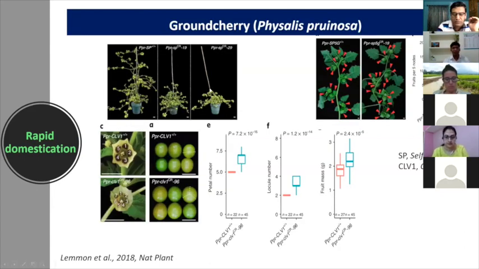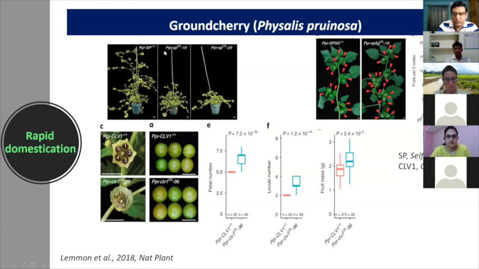This is a classical example of ground cherry. This is the wild type ground cherry, which has a bushy nature and takes a lot of space to grow. One of the domestication characteristics is to develop that plant into a very compact, organized plant.